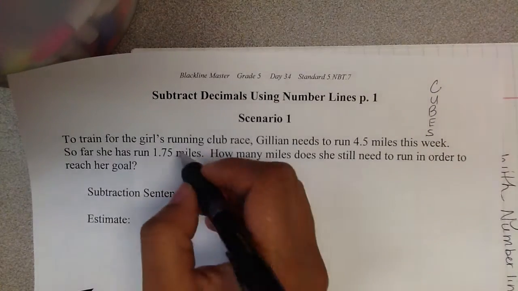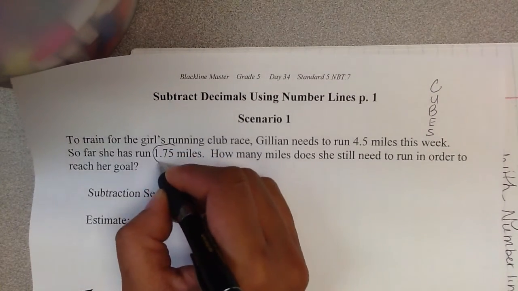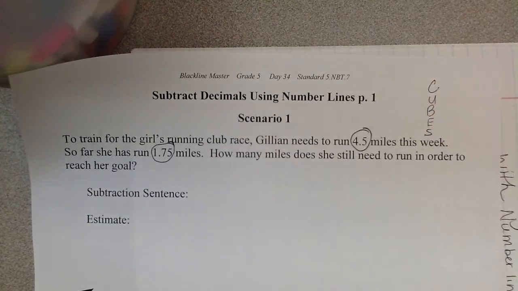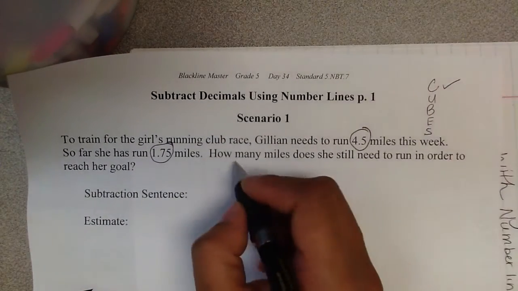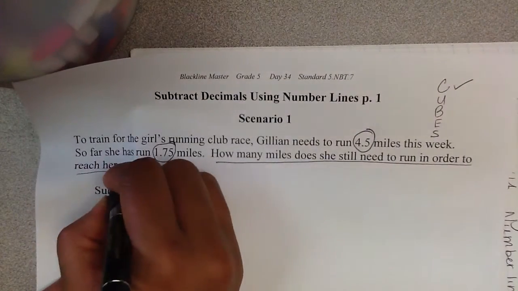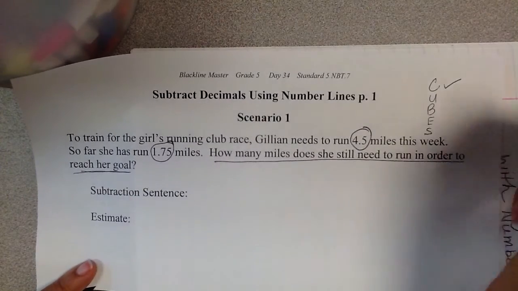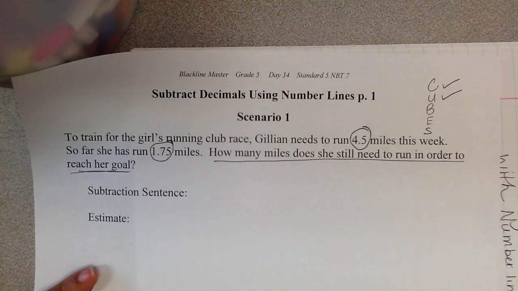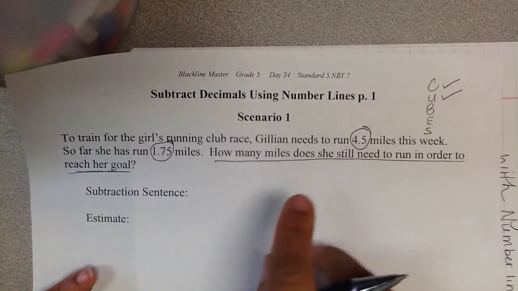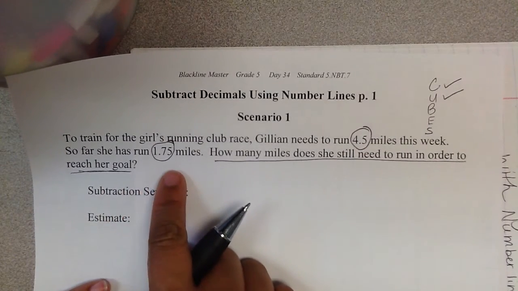Okay, my important numbers. She has run 1 7/500 miles so far, and she needs to run 4 5/10 miles. So I'm going to check off my C. My question is, how many miles does she still need to run in order to reach her goal? So I've underlined my question. Now I need to box my action words. Okay, she needs to run this much, and so far she has run this much.